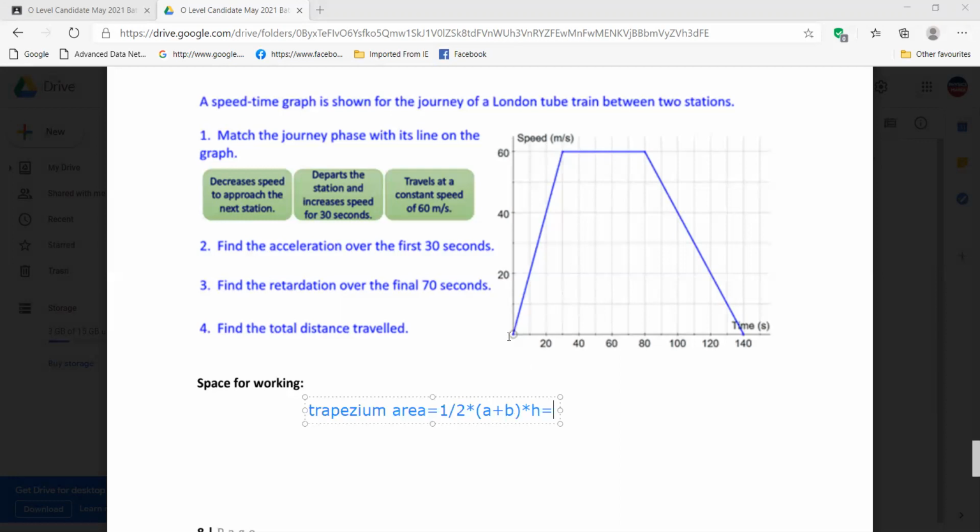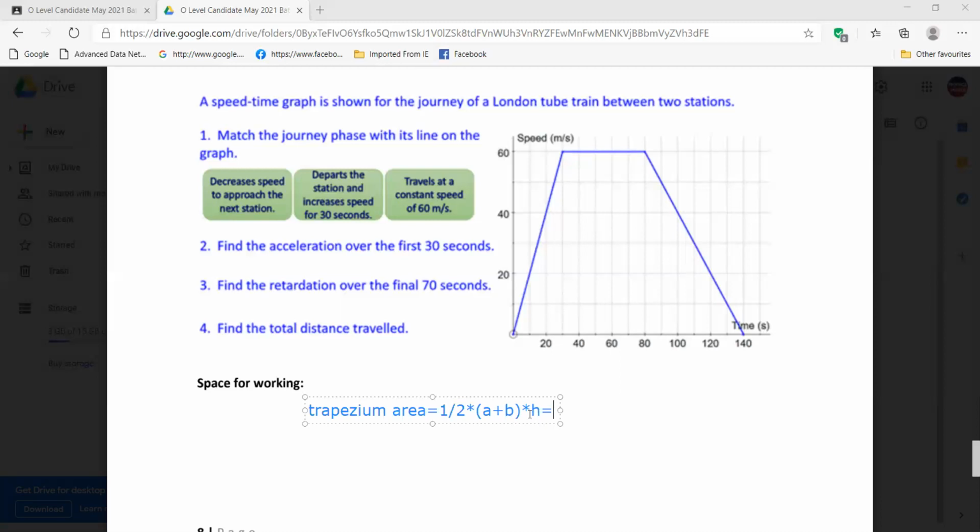If it is A, then it's clear to us it is 140, right? And for B, if it is here 30 and if it is here 80, then the difference is 50, right? 140 plus 50, 190.